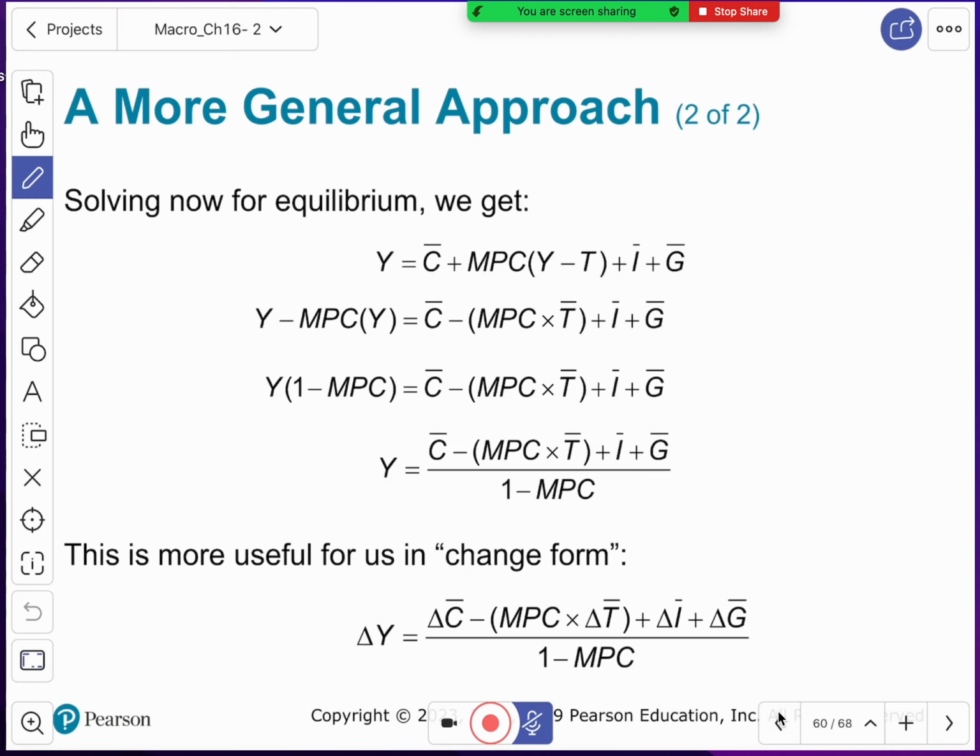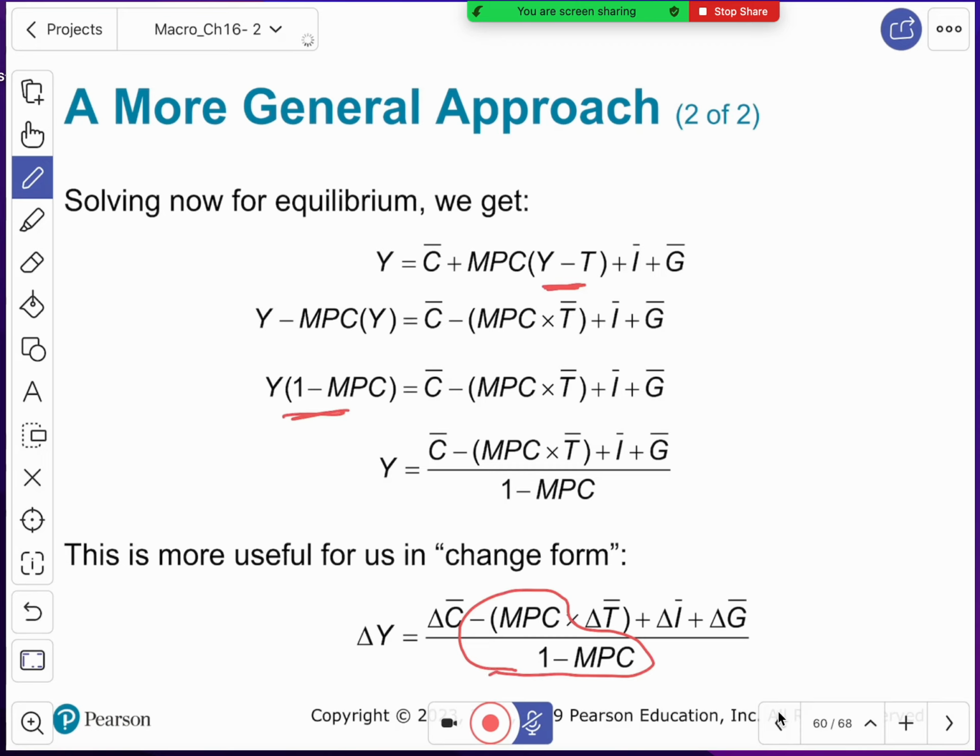So you can always solve for a tax multiplier, right, by taking the 1 minus MPC out, and then in terms of changes, you can have it as minus, this is the tax multiplier, right? So minus MPC over 1 minus MPC.